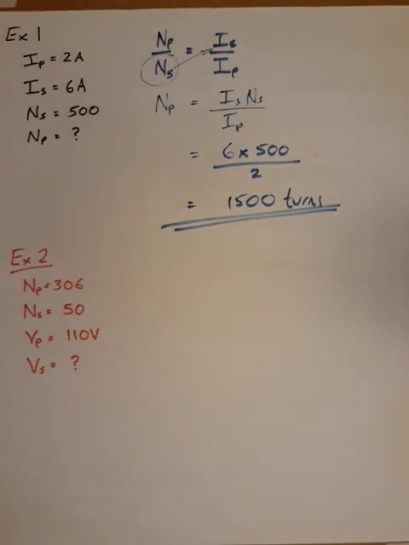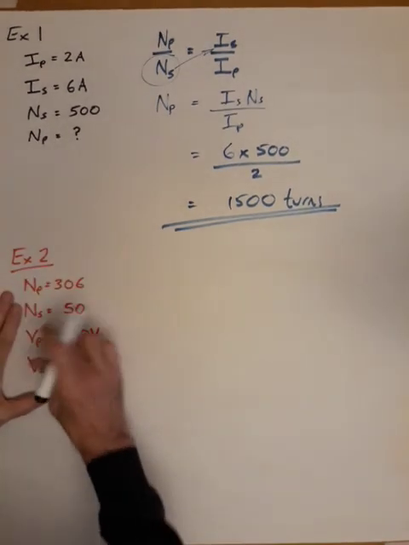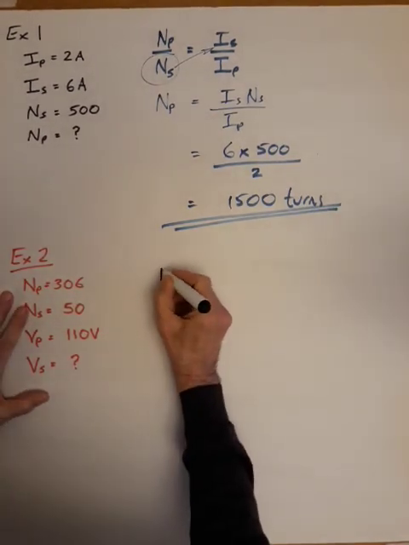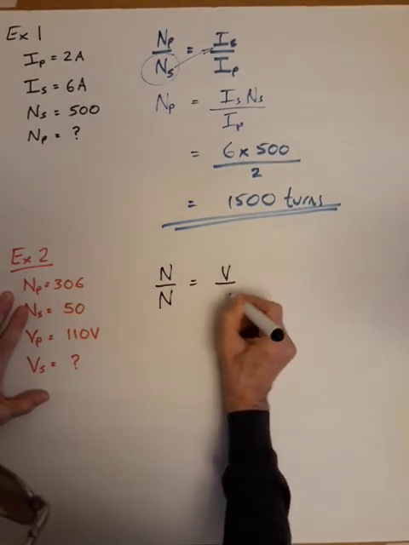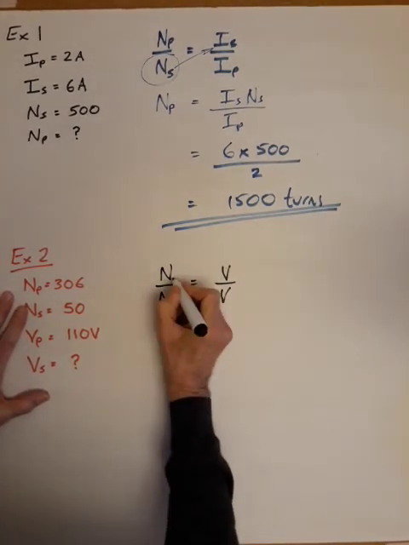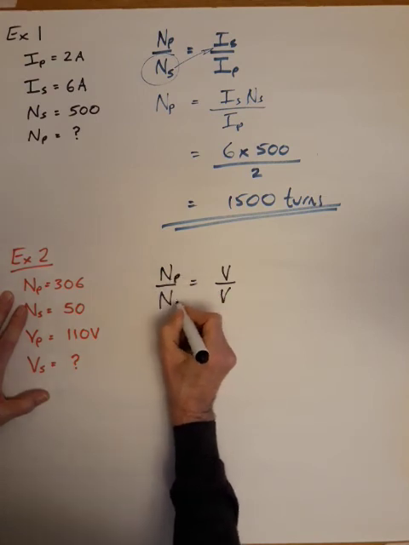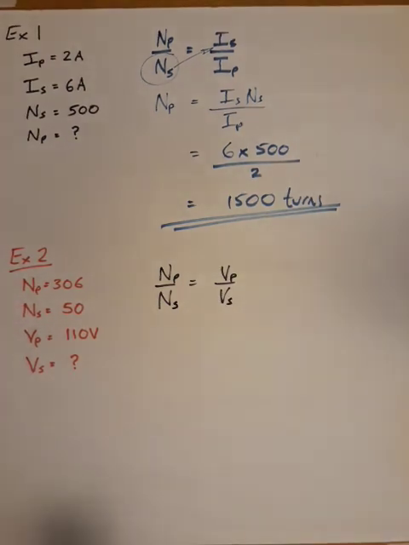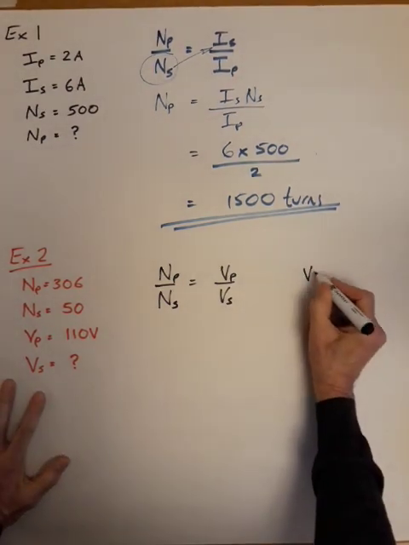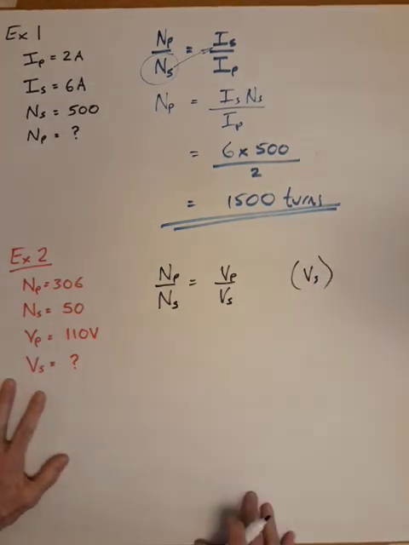So if we start with our formula, we have turns and voltage. So N over N equals V over V. And it's Np over Ns is Vp over Vs. We need to transpose this to make Vs the subject.